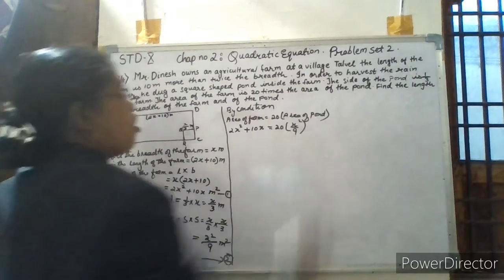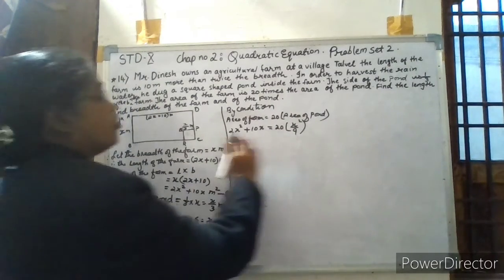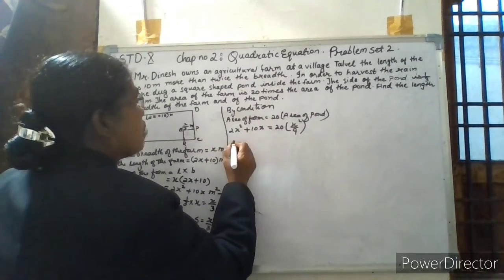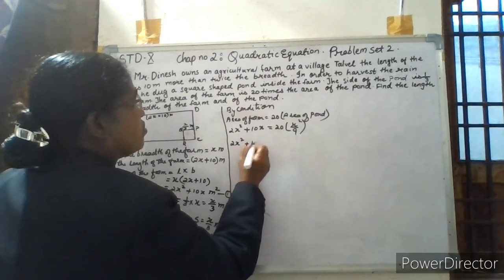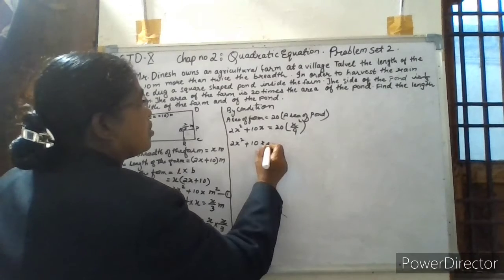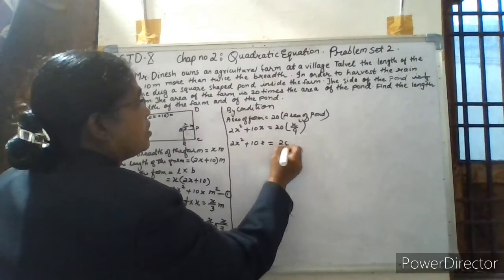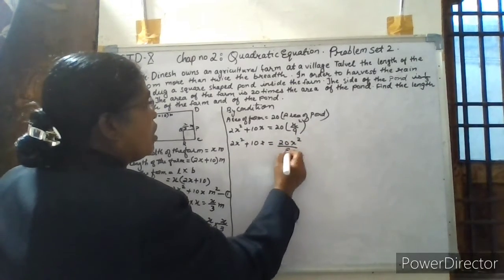This we got by condition. So 2x squared plus 10x is equal to 20x squared upon 9.